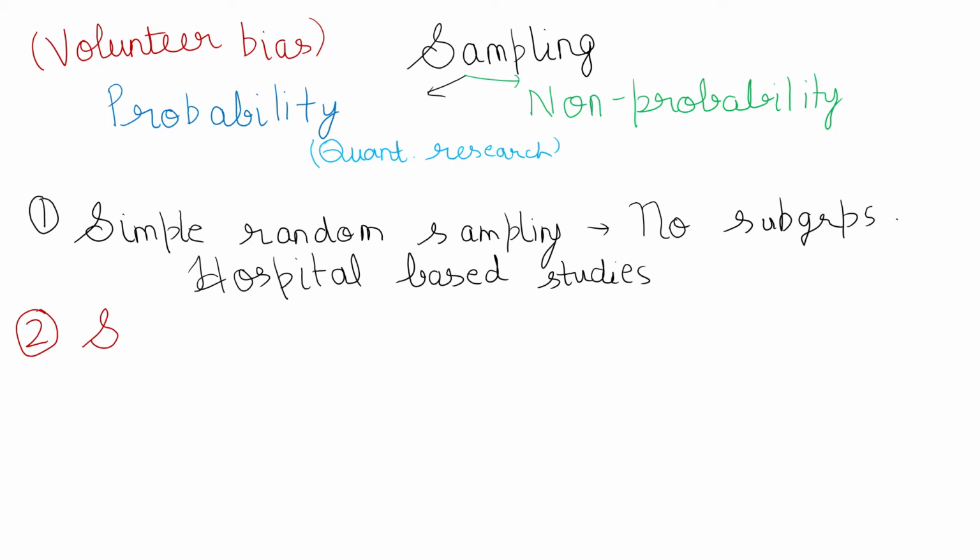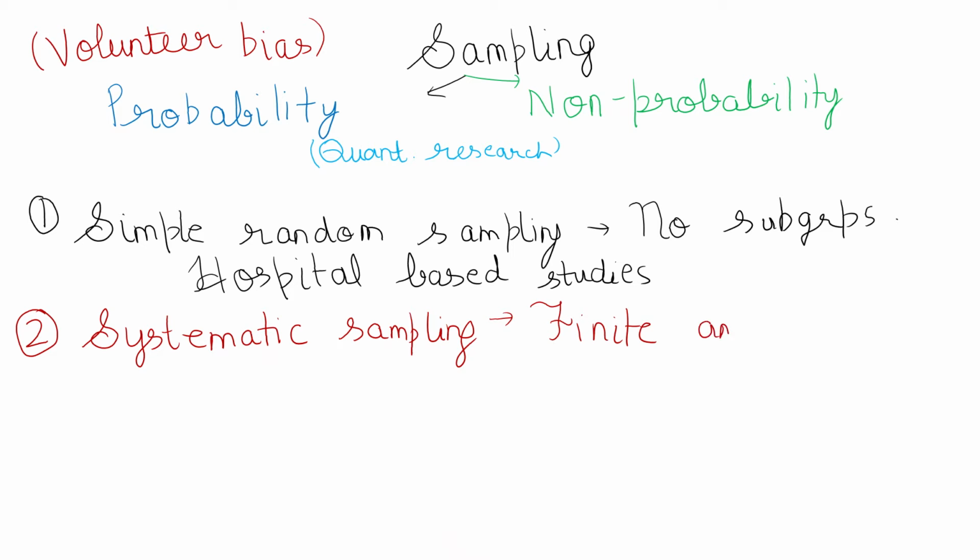Then talking about the second type of sampling, that is systematic sampling. This is basically used when the population is finite and well defined.